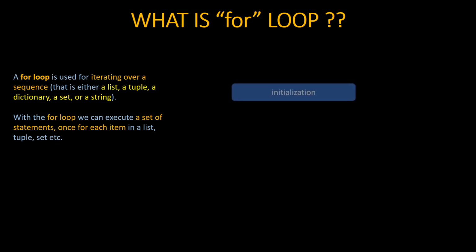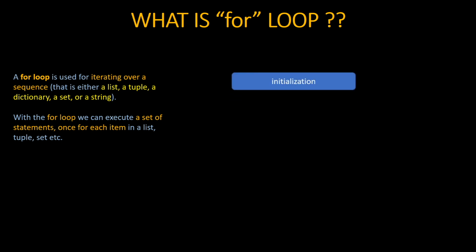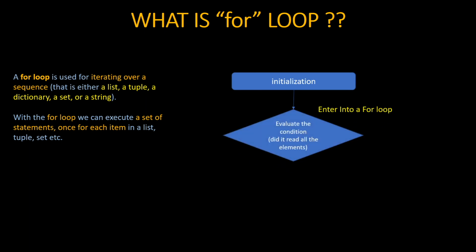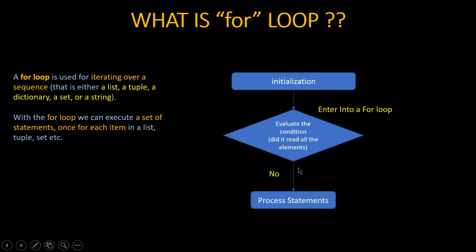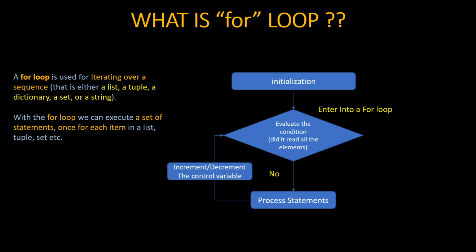So first we have to initialize a sequence. Then we evaluate a condition which says, did it read all the elements in the sequence? If the answer is no, it will come to this set of statements, and it will go again to our condition and see, did it read all the elements?